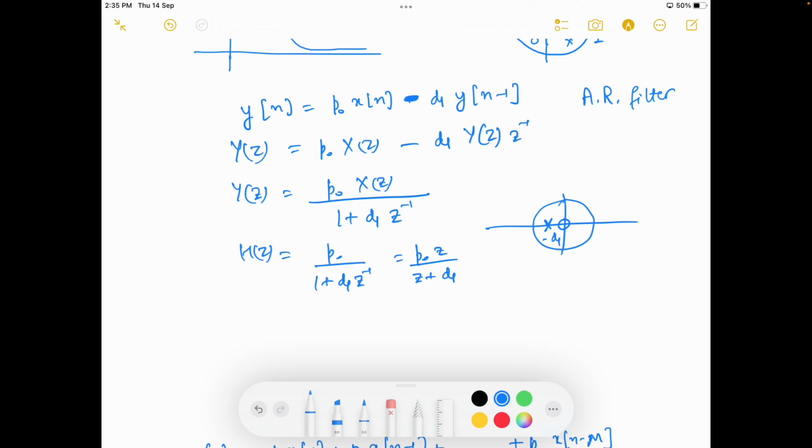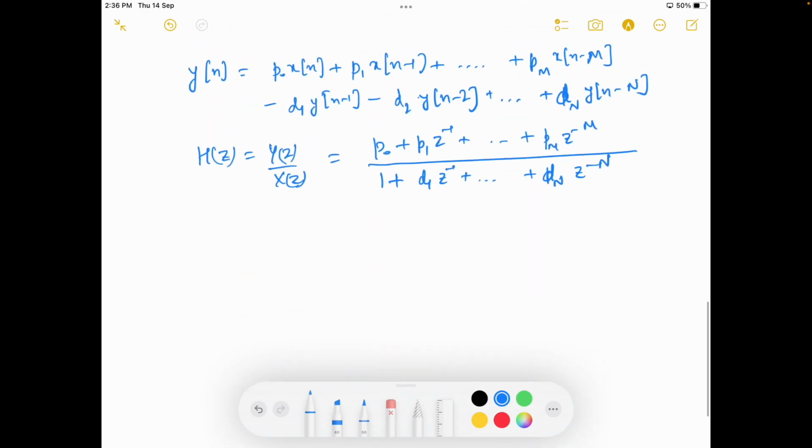Okay, you can assume that x of n has just come in. Assume that it's not consuming any memory, it is the current input. Then only the past inputs or the past outputs need to be saved. So what is the memory size you need here? 1 only. So only one past value you are saving.